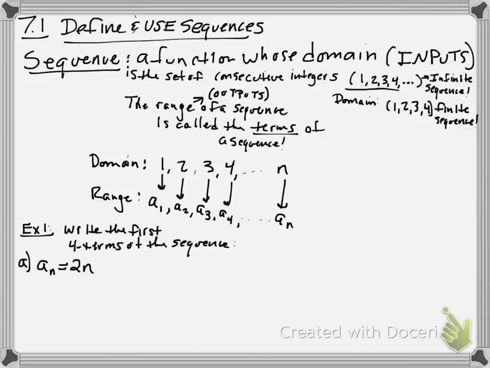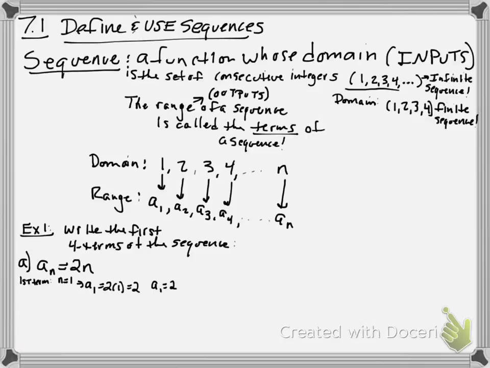So, if that's my sequence, the first term we'd find by plugging in n equal to 1, because that's our first number in the domain. And so that would be a sub 1 equal to 2 times 1, which is 2. In other words, the first term, a sub 1, equals 2.